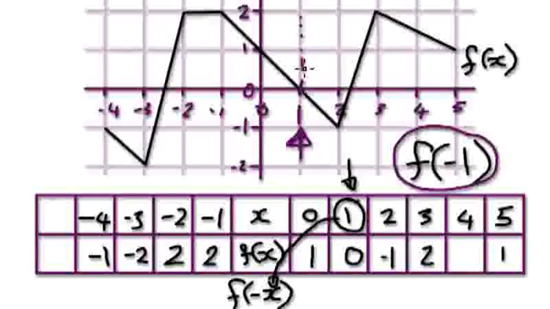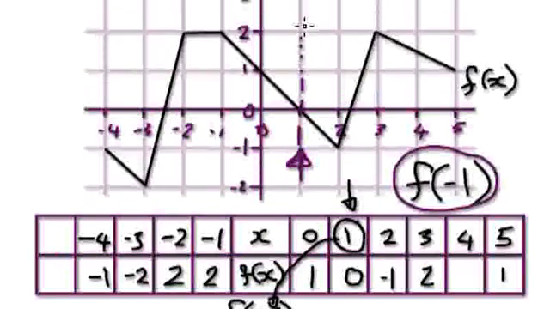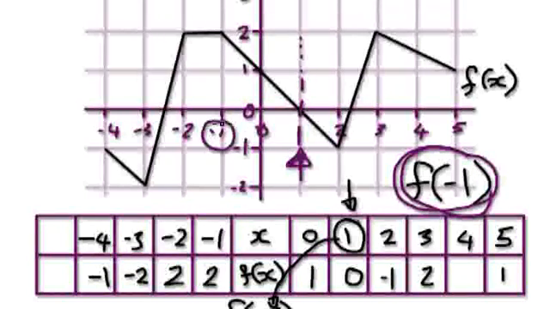So a new point will be f of negative 1. It's really f of negative 1 is here. So what's happening is this point here gets moved to here.